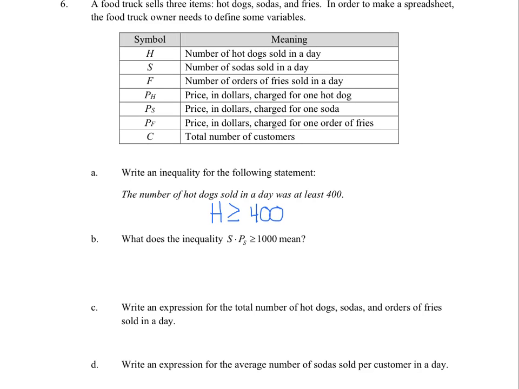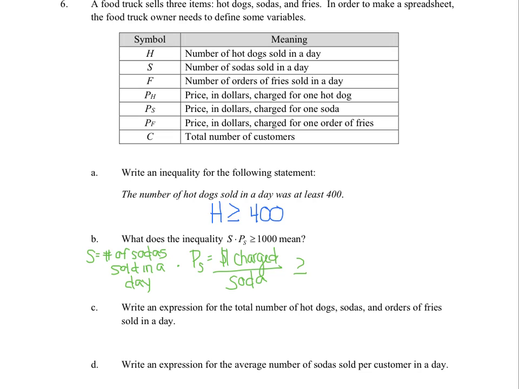Part B, what does the inequality S times P sub S is greater than or equal to 1,000 mean? Well, S is the number of sodas sold in a day, and we're multiplying that by P sub S, which is the price charged per soda.